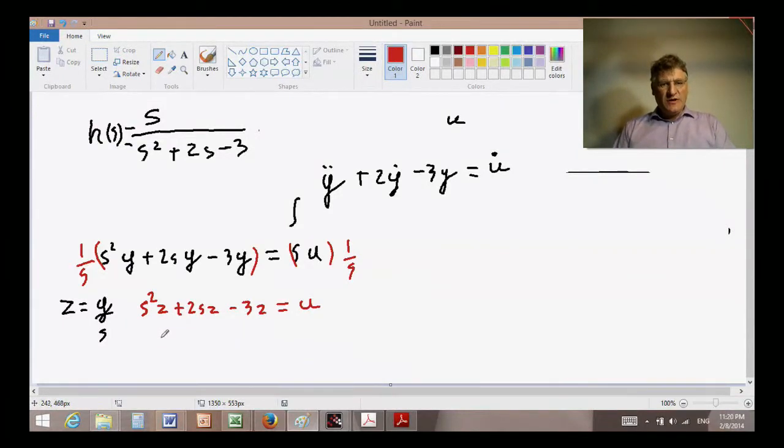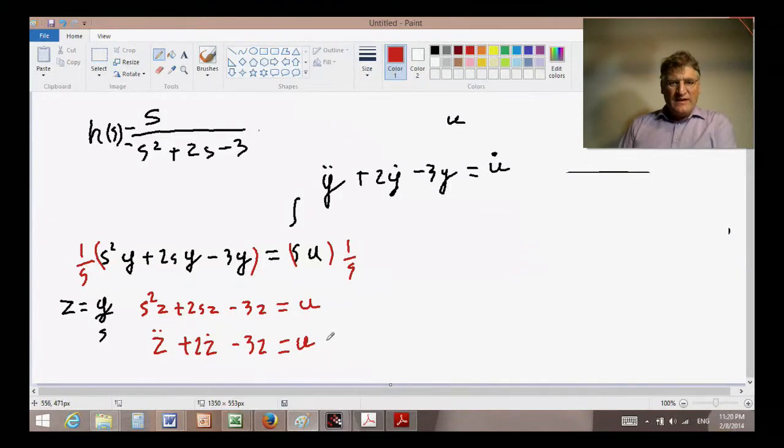Or, in other terms, we can write that z double dot plus 2z dot minus 3z is equal to u. Now, if y is equal to z times s, that means y is equal to z dot.